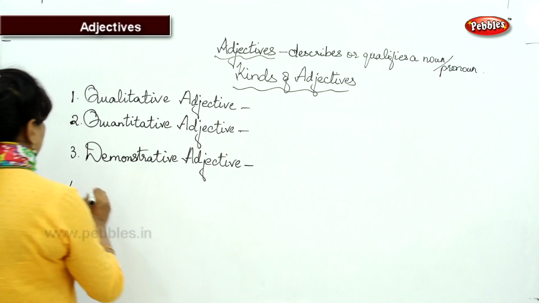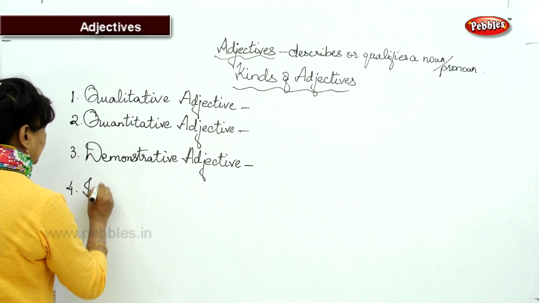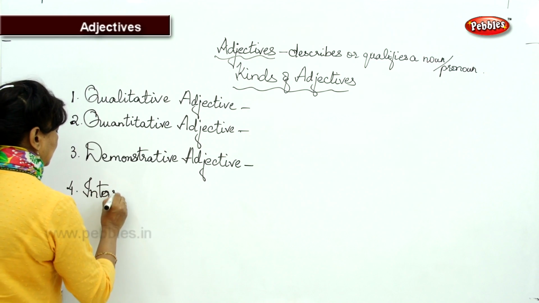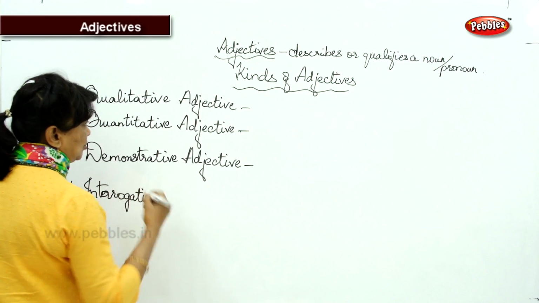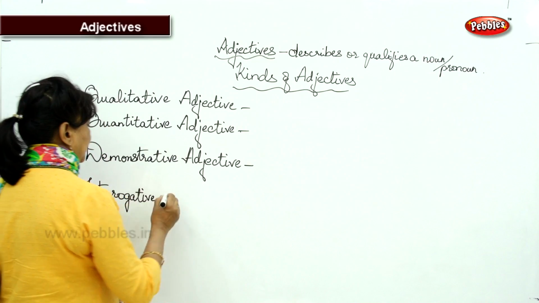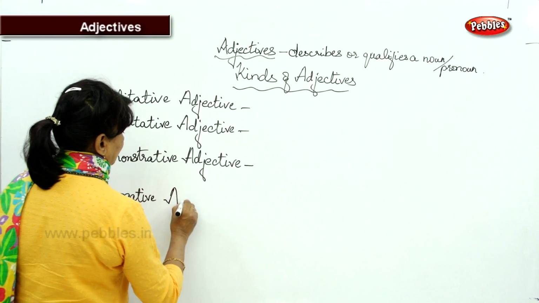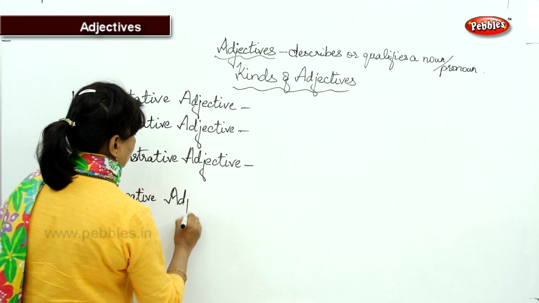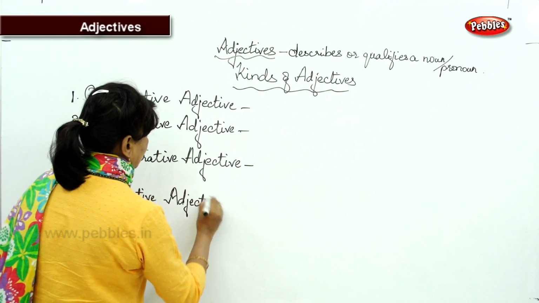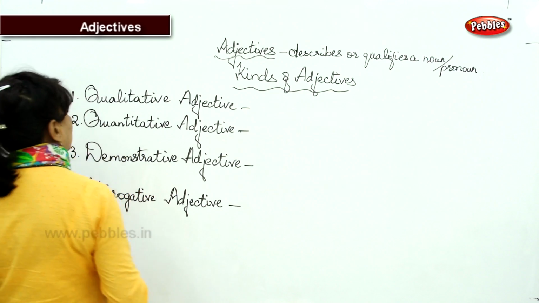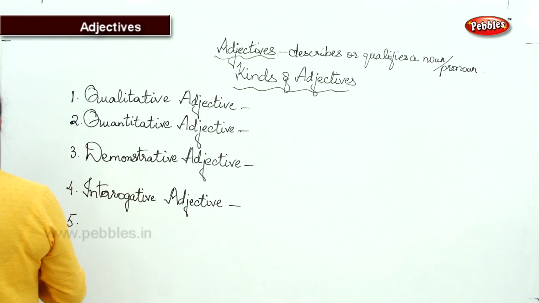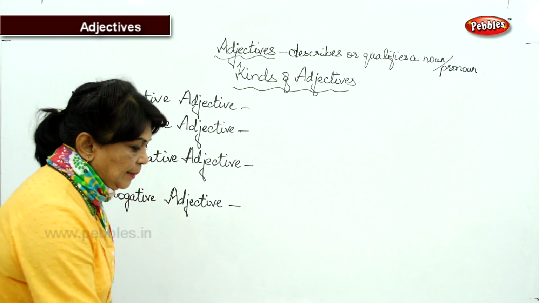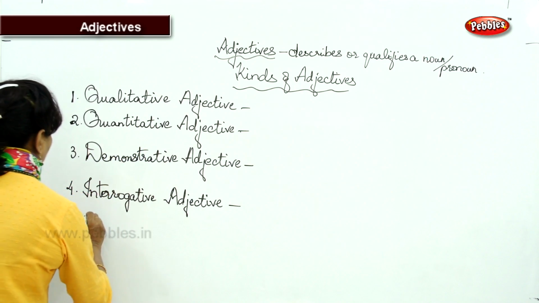Fourth one, interrogative. You learnt in your pronouns also interrogative pronoun. Here also you have. And the fifth one, is adjective of number or numeral.